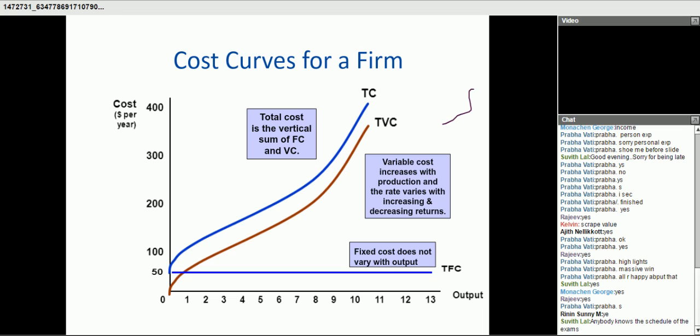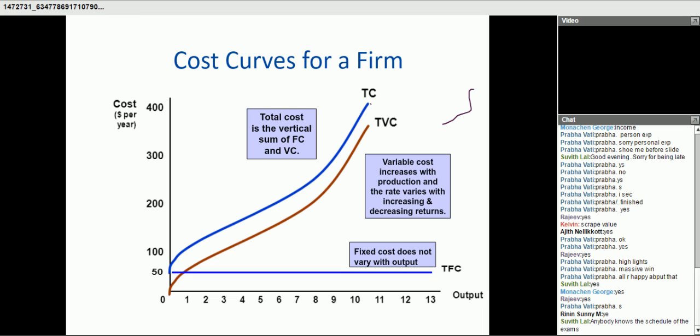And then next is the total cost. Since total cost already includes the fixed cost in it, we have seen in the formula, total cost is equal to total fixed cost plus total variable cost. And total fixed cost is a straight line parallel to the X axis. We cannot include it in this total cost in any manner.